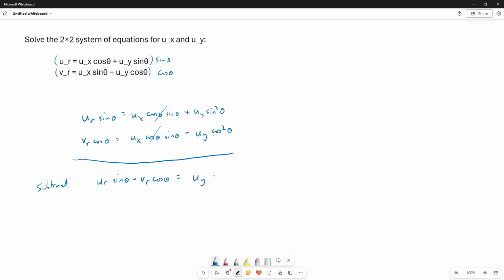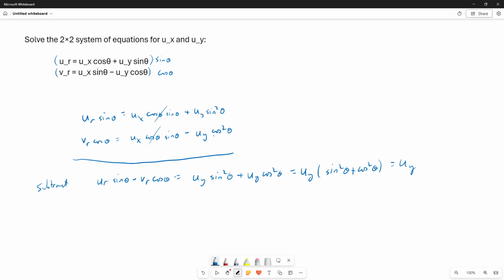So u sub y sine squared theta minus negative, so plus u sub y cosine squared theta. And now if we factor out u sub y here, we have sine squared theta plus cosine squared theta, which is 1 in the parentheses. So this is just u sub y.